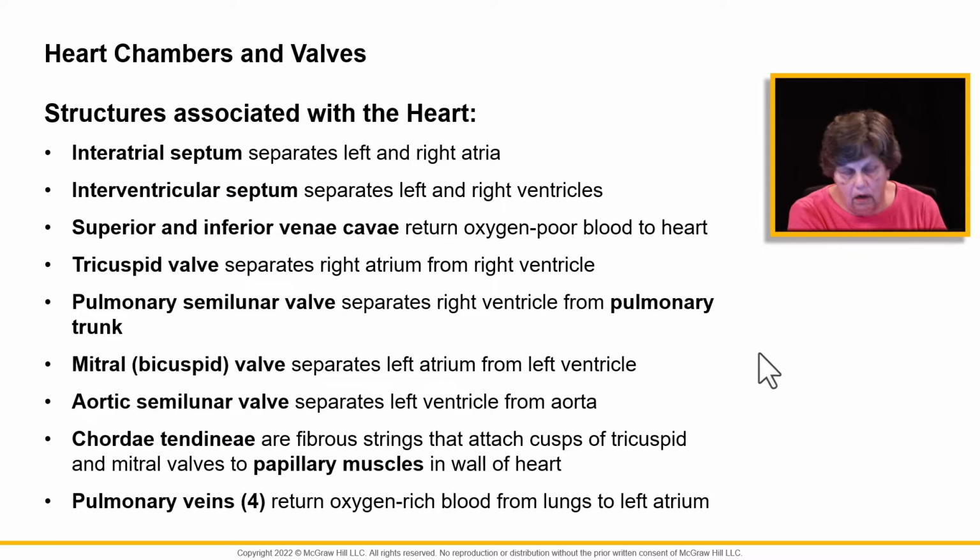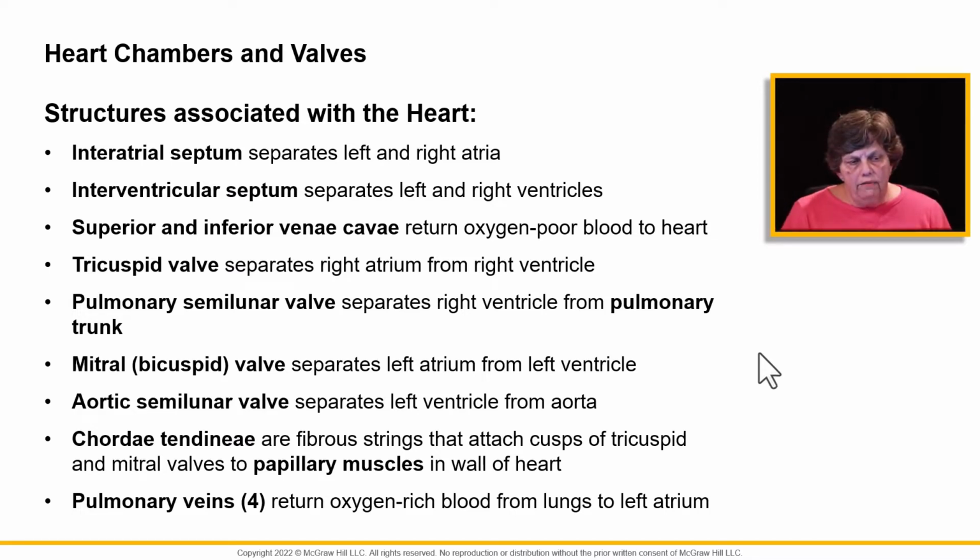That's the way I tell my students to remember this. And then on the left side of the heart, you have the mitral valve or the bicuspid valve. And it's named that because of the number of attachments. The tricuspid has 3, the bicuspid has 2. But tricuspid on the right, try right, mitral valve or bicuspid on the left.